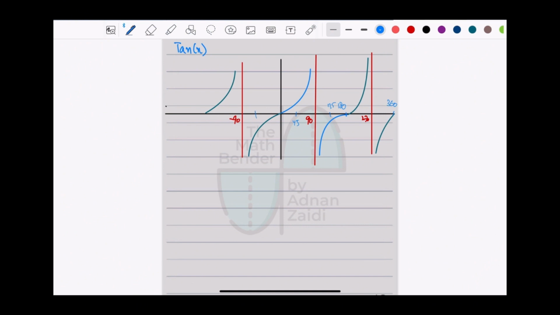At the back it is negative 45, negative 90, this is negative 180, this is negative 135. The maximum is 1 and the minimum is negative 1. This is positive 1, and this here is negative 1.